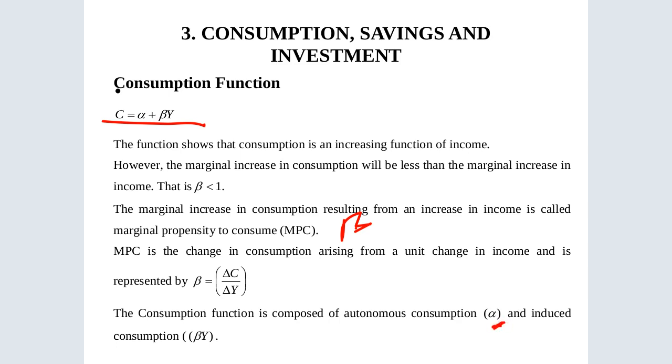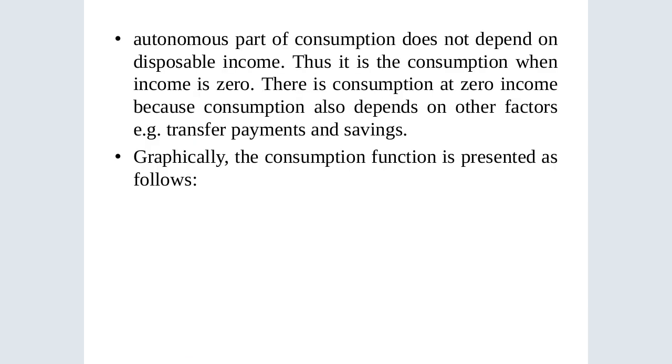Now, the autonomous part of consumption, which is alpha, does not depend on the size of disposable income. That is what we refer to as the independent or autonomous consumption. It does not depend on the level of income.